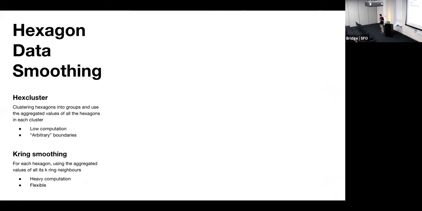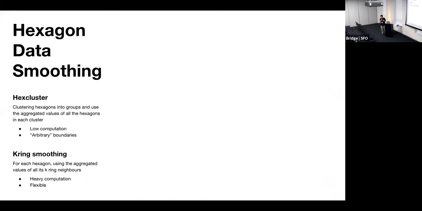One is what we call Hex clustering. The basic idea is very simple. We first group the Hexagons into clusters, and then for data smoothing, we use all the values of the Hexagons in one Hex cluster, make some aggregation, and use that as the value of the Hexagon we are looking at.